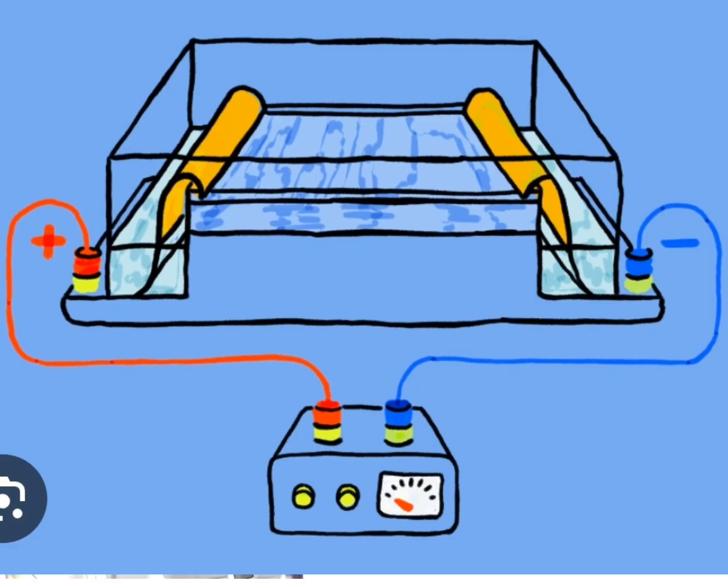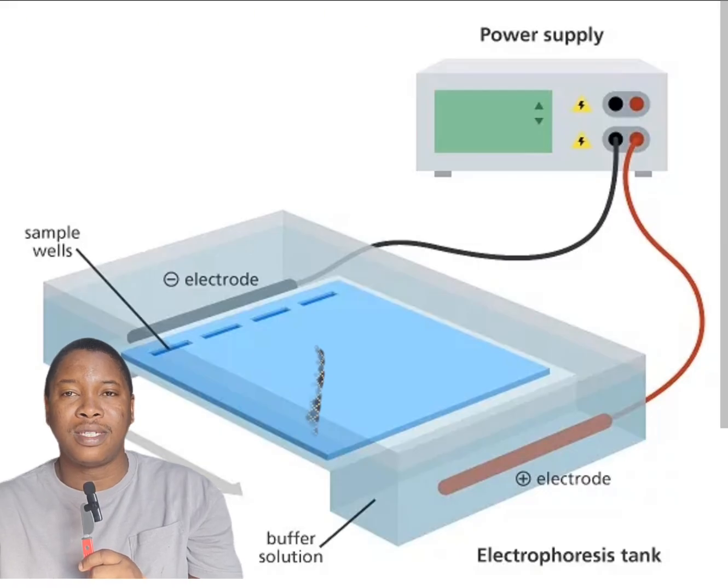So it's important that we understand what electrophoresis is and why it is being used, its application. This would help us in our knowledge of science. At the end of the day, when you do PCR, when you do different kinds of biological techniques, it's important that you're able to separate molecules on the basis of their size and the charge which they carry.